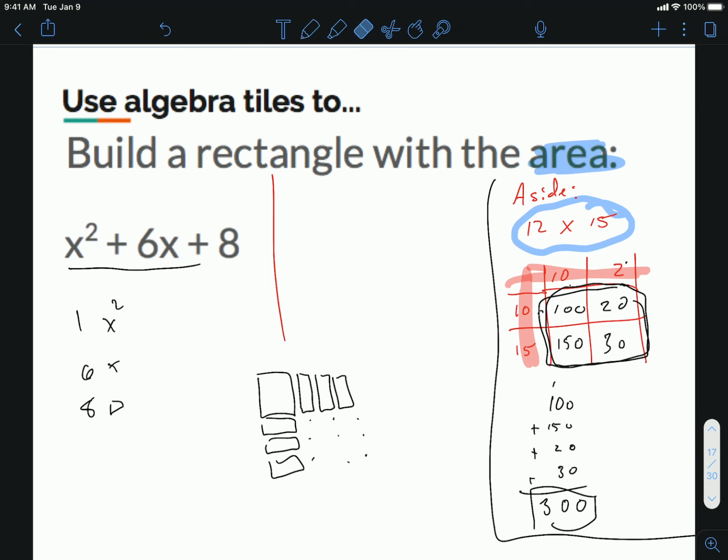Okay, but this might work. If we erase it there and we put another one over here, then I got 1, 2, 3, 4, 5, 6, 7, 8 singles. That takes care of all of these, right?